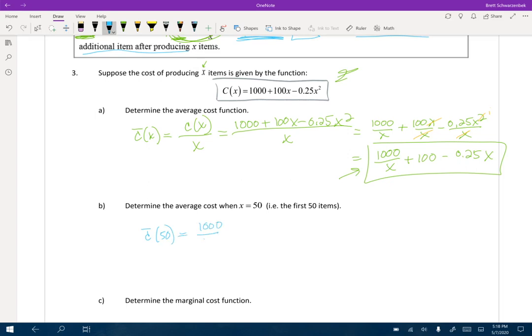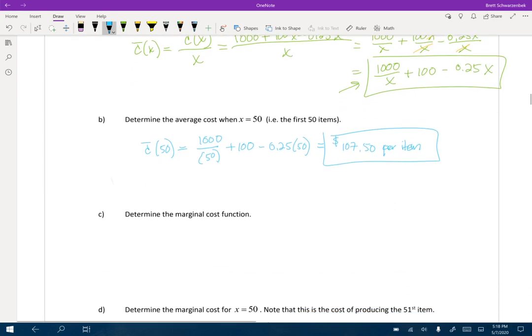I'll put parentheses wherever we plug in, into our average cost function, and then do our computations, and we're going to get $107.50 per item. Okay, that is the average cost to produce 50 items. Hopefully that makes sense for what we're doing here.